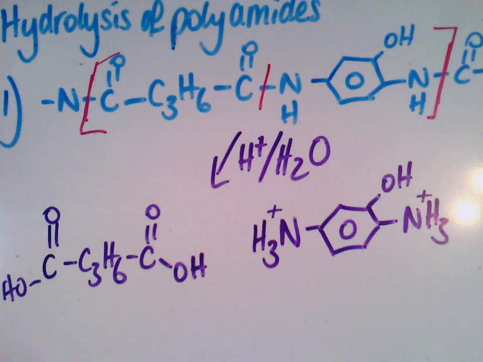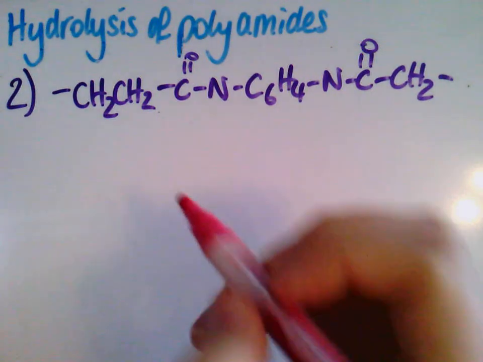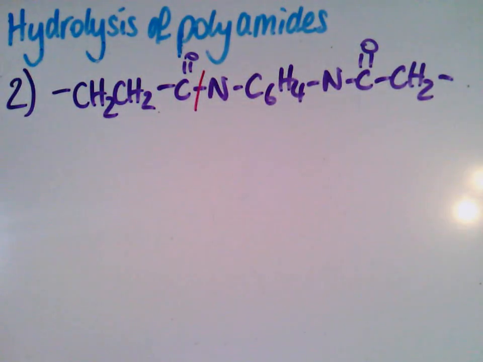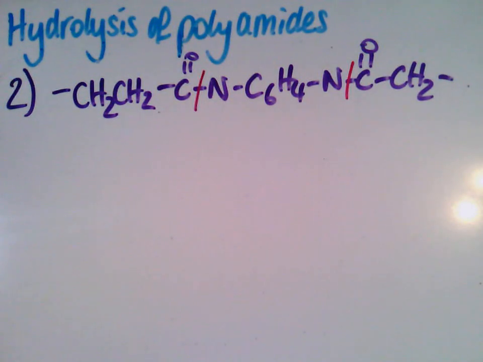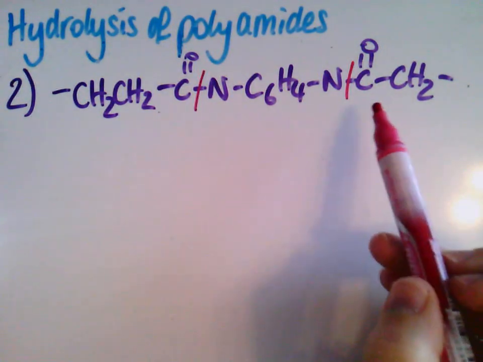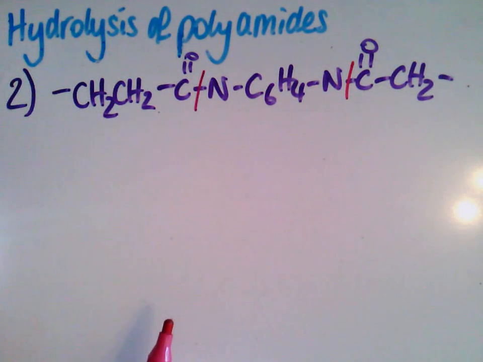Let's have a look at example 2. So just as before, I want to have a look and see if I can find those amide linkages and work out what my repeating unit is going to be. So I've got one here and a second here, and I seem to have some overlap between some of these CH2 groups here.